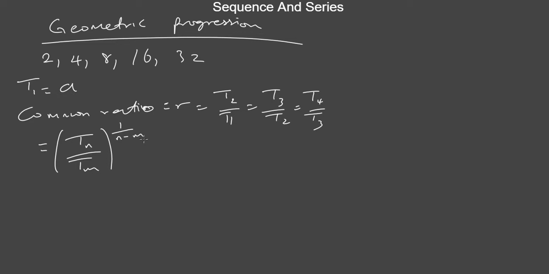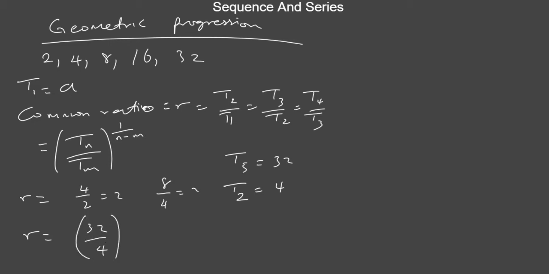So let's take a look at this example. We know that the common ratio is 4 over 2, which is 2, or 8 over 4, which is 2, or 16 divided by 8, which is 2, right? But what if you are given the fifth term, which is 32, and you are given the second term, which is 4? How can you quickly get the common ratio? Let's say you don't know any other term, just the fifth term and the second term. The common ratio can be calculated as follows: 32 divided by 4, everything raised to the power of 1 over, what term is this?